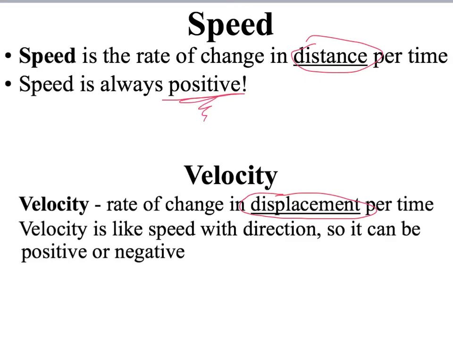The numbers that we get for velocity, since direction is important, we're going to see that velocity can actually be negative or have a direction. So in our example, we found displacement was to the east, but we can express the same thing using a positive number for the east and a negative number for the west. As we move along in this unit, we're going to see examples of that, but not quite yet.